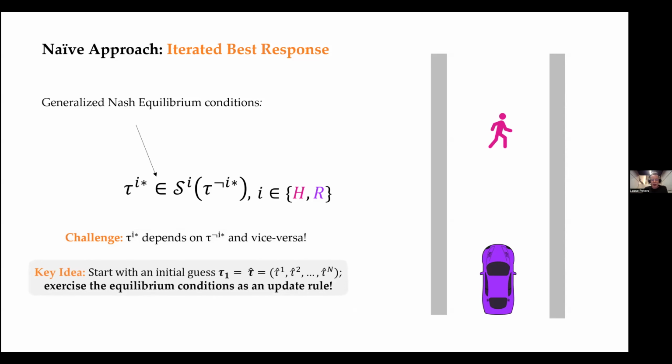And so the key idea of iterated best response is that we will start with an initial guess of a trajectory profile, where the subscript here just denotes the iteration, and then we will update this strategy guess iteratively by exercising the equilibrium conditions as an update rule.